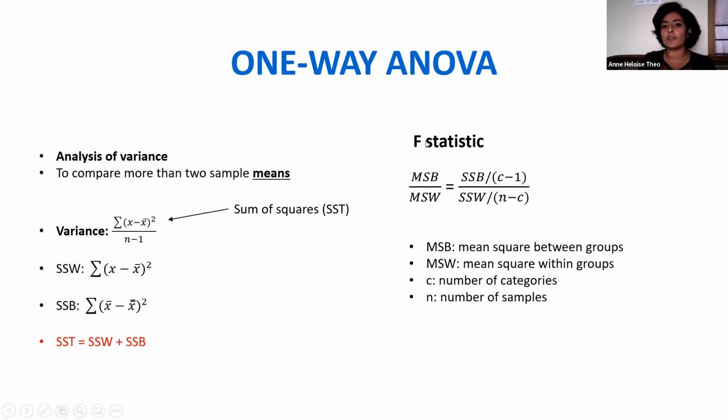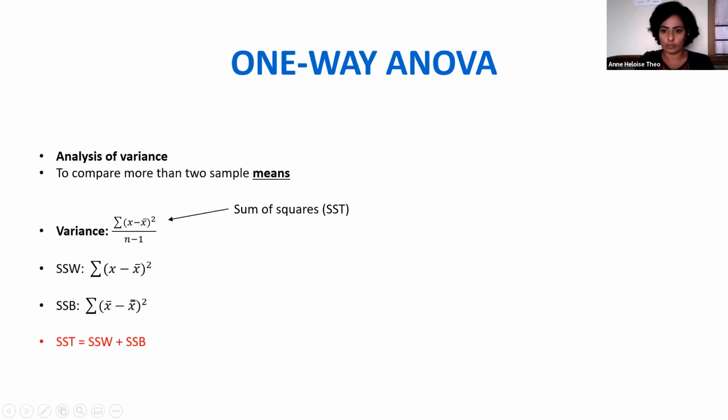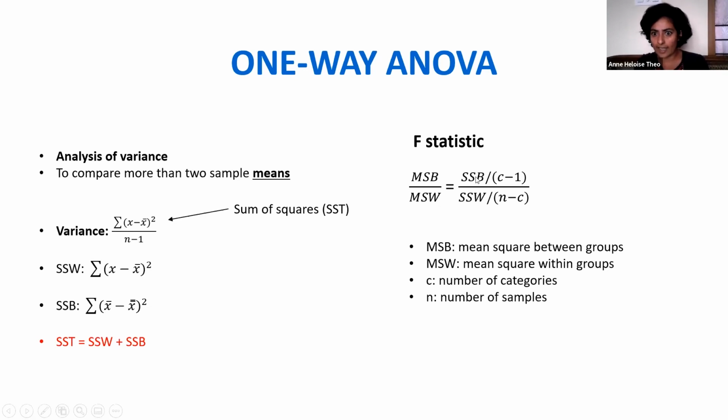Now the calculation of the F statistic for one-way ANOVA is pretty simple. It's the mean square between groups divided by the mean square within groups, which is calculated as given here. That would be the sum of squares between groups divided by C minus 1, where C is the number of categories. So if you have 3 factors, it will be 3 minus 1, so 2.